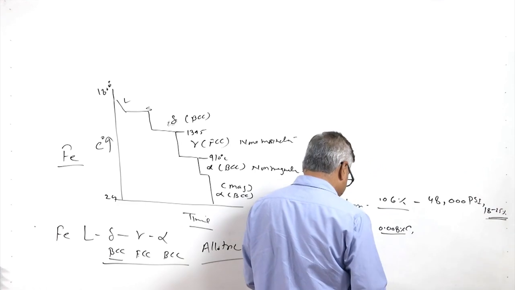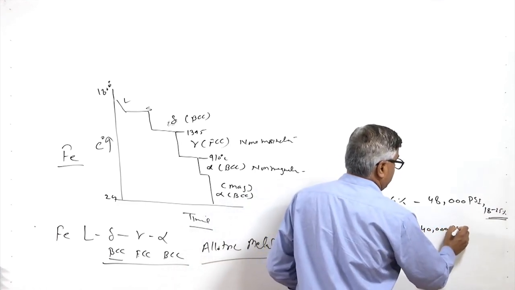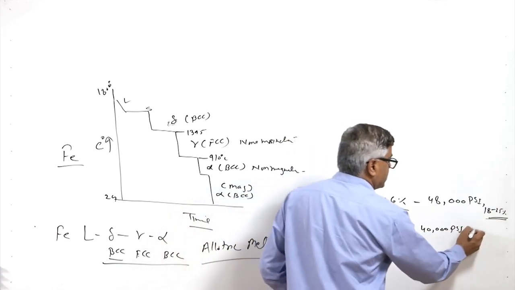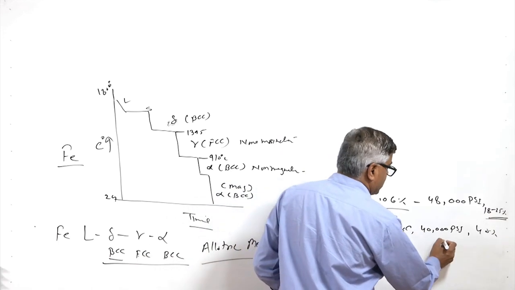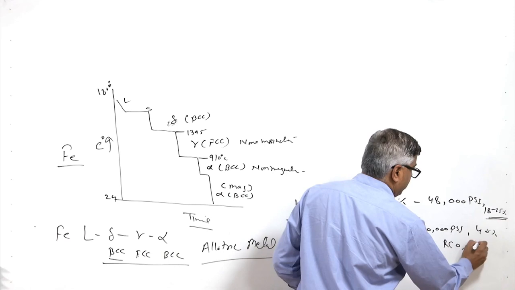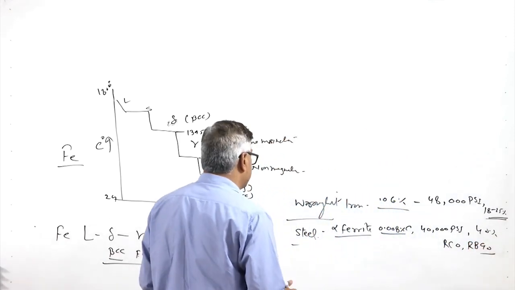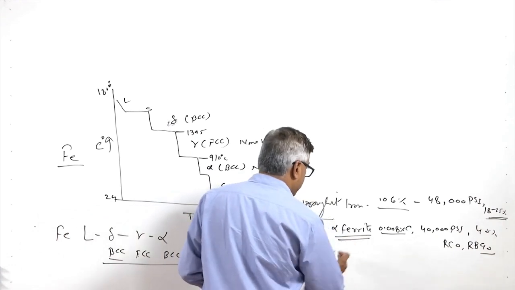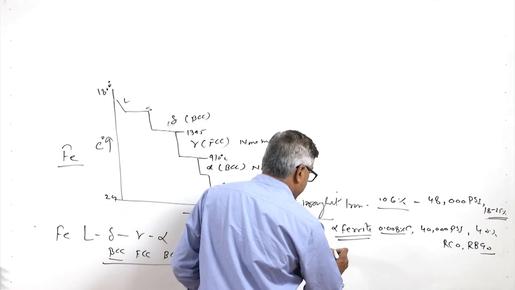Let's take first the strength. Strength is 40,000 psi, and the ductility is around 40%. Hardness is low, either RC or RB. Rockwell Brinell hardness is 90 or 95. This is the range for ferrite.